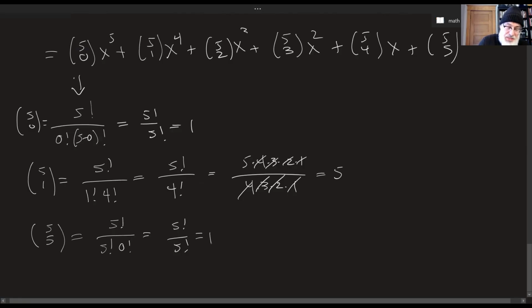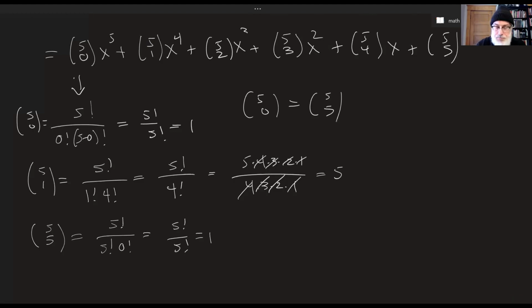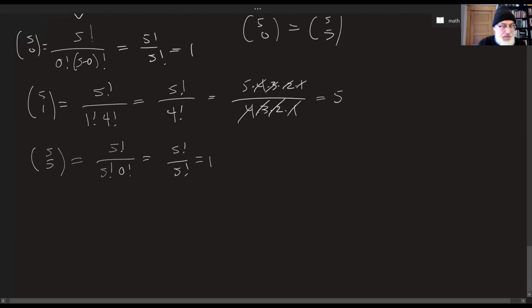So notice here that 5 choose 0 is going to be the same as 5 choose 5. Now notice also that in this binomial theorem, this will always be true of the first and last terms. So you can see now we're saving some time, right? All right, so 5 choose 1 is 5.